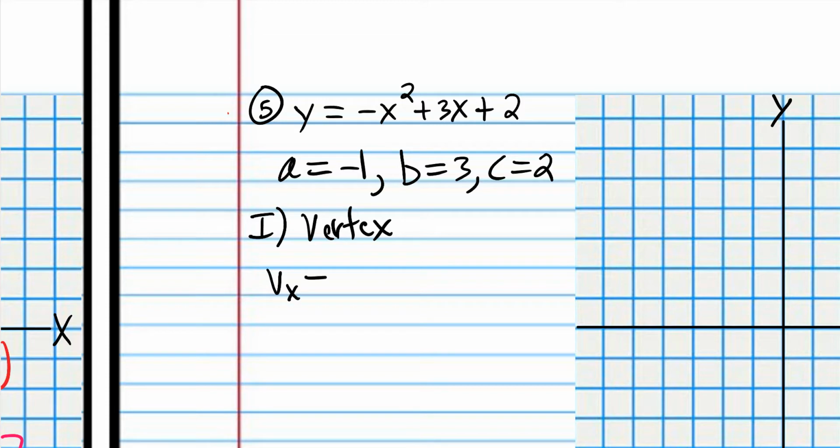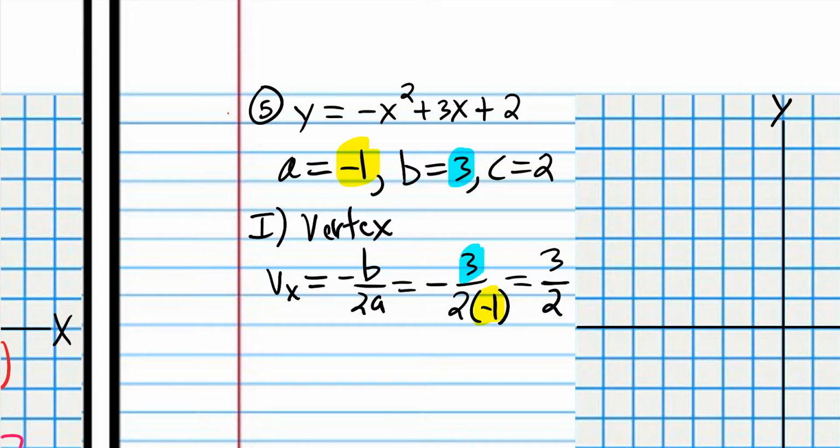And to do that, we're going to use negative b over 2a. b is 3, and a is negative 1. So we end up with 3 over 2, it looks like. And I got that negative 1 from there, and the 3 from there.